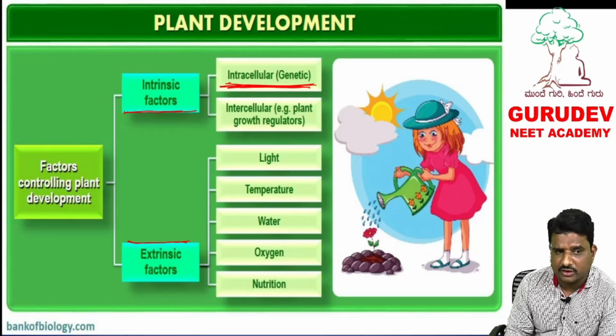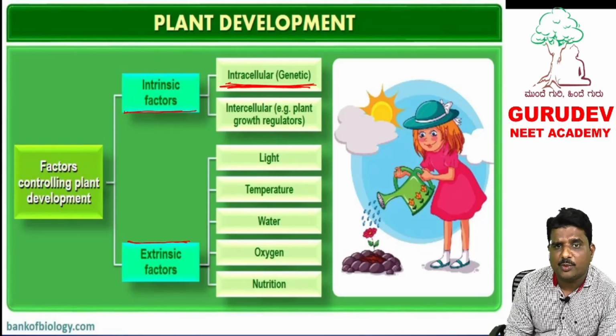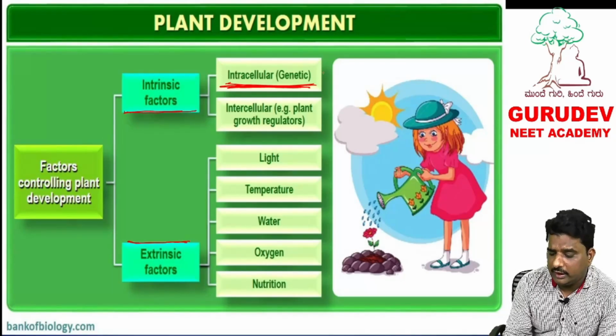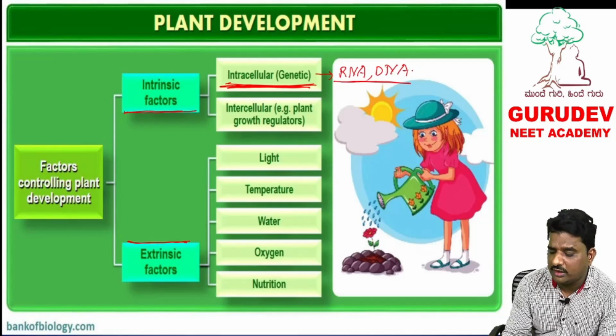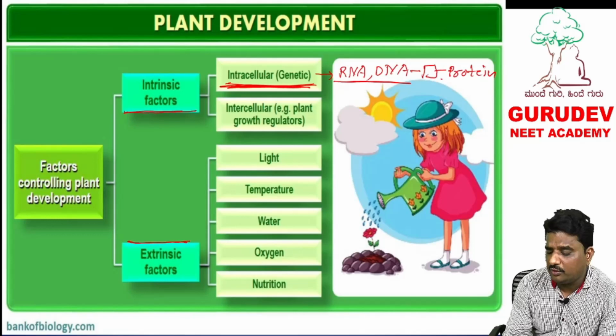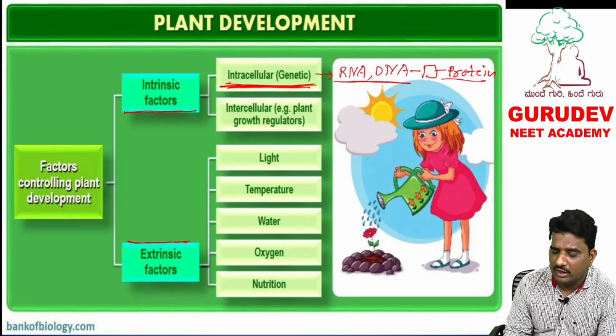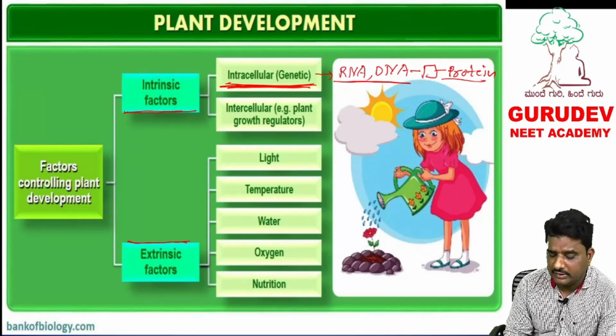DNA, RNA, such factors play a very important role during plant growth and development. That is nothing but the genetic factor. These are the genetic factors responsible for intracellular growth, because what kind of DNA is there, that kind of protein is formed in the plant, and that protein is essential for plant growth. That is inside the cell.